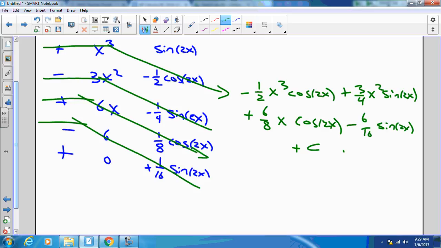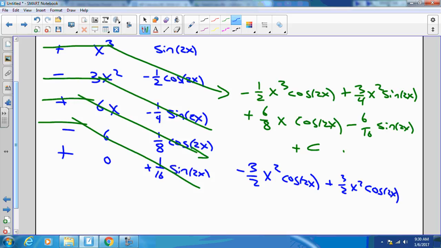We're good. Plus 3/2 x squared, minus 3/2 x squared cosine 2x, and when I take the derivative of sine 2x, I'm going to get 3/2 x squared cosine 2x.